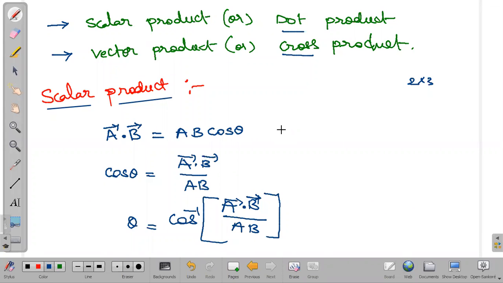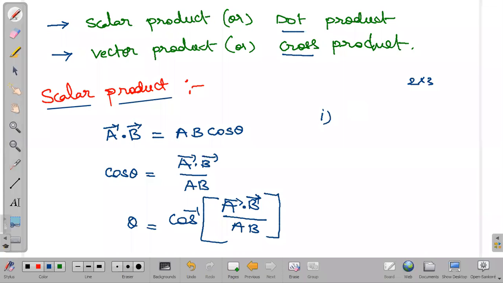Now, in this, we have to take cos here. If two vectors are multiplied, they will have a positive value if the angle between them is acute. Acute angle means what?